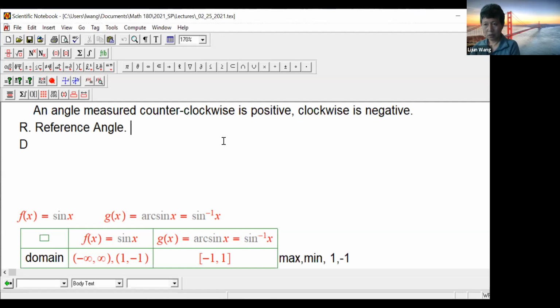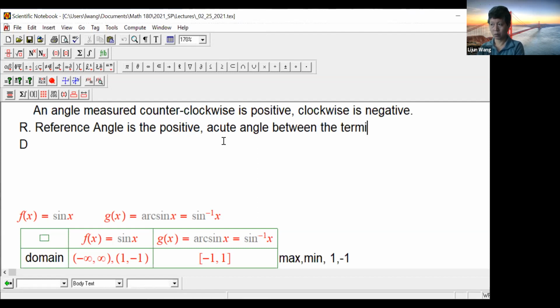Reference angle is the positive acute angle between the terminal and x-axis. That's the complete sentence I refer to.